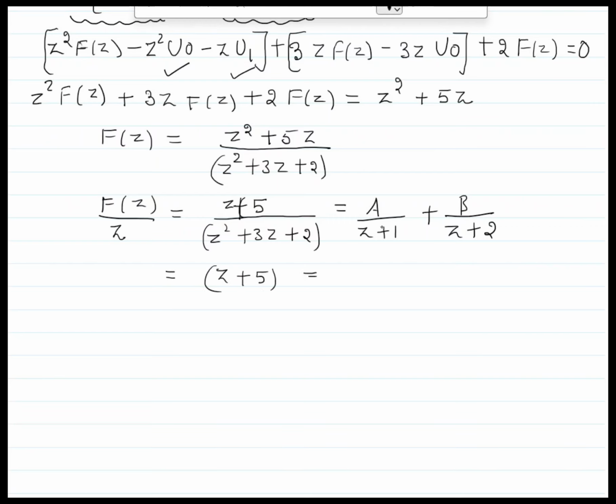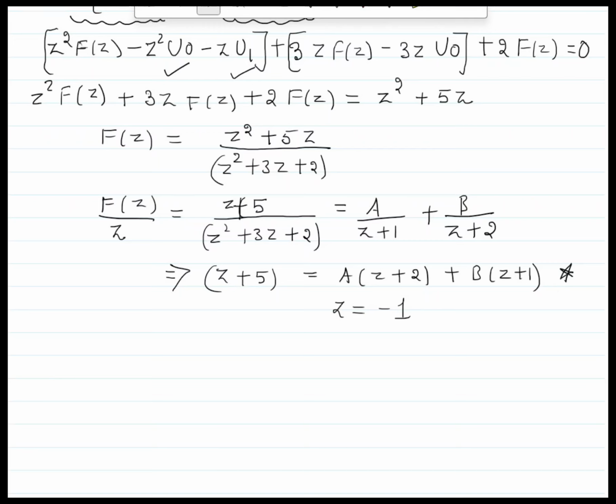If we take the LCM for this, we can write A times Z plus 2 plus B times Z plus 1, and the denominator is cancelling with this. So finally, if we put Z equals to minus 1 in this relation, we'll get the value of A.